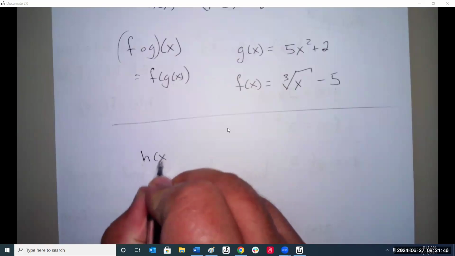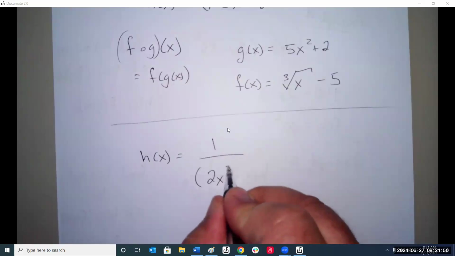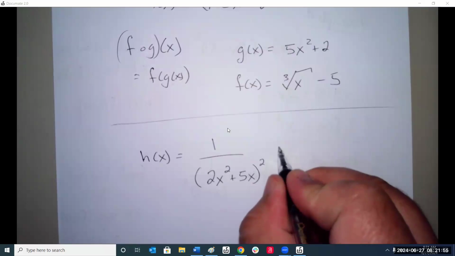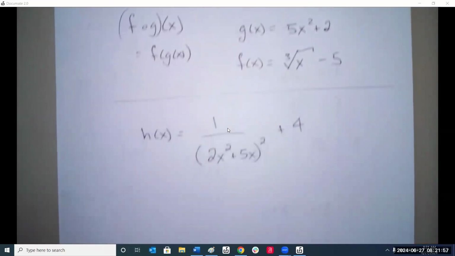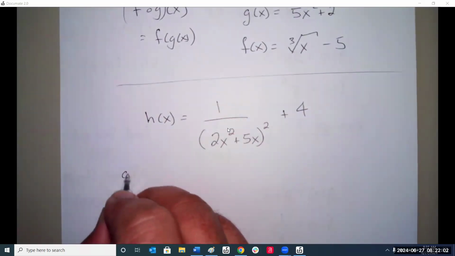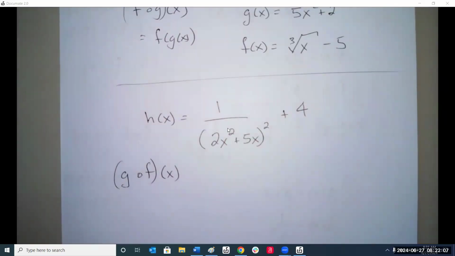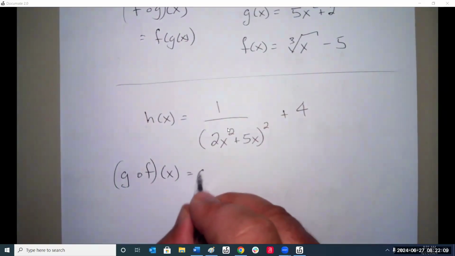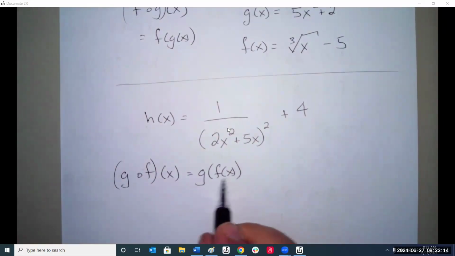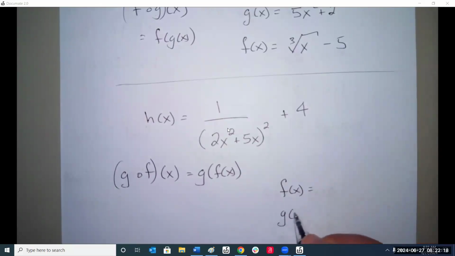And another one, 1 over 2x squared plus 5x squared plus 4. This time, I'm going to look for g of f of x, which means f is my interior function and g is my outer function.